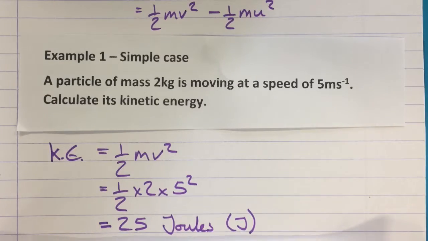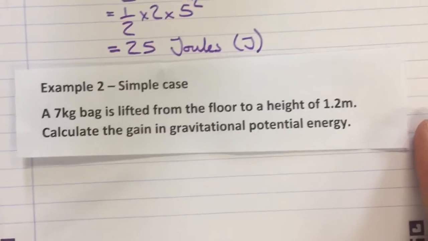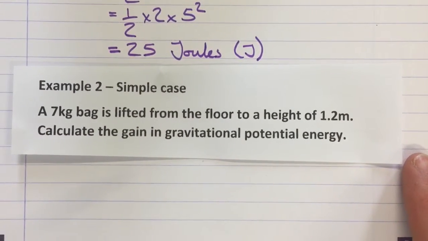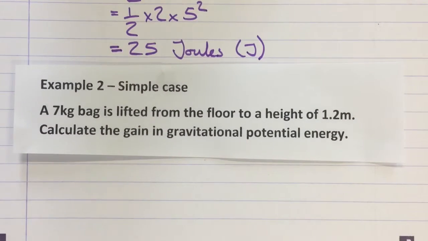Alright, now the second example is looking at gravitational potential energy this time. A 7 kilogram bag is lifted from the floor to a height of 1.2 meters. Calculate the gain in gravitational potential energy.